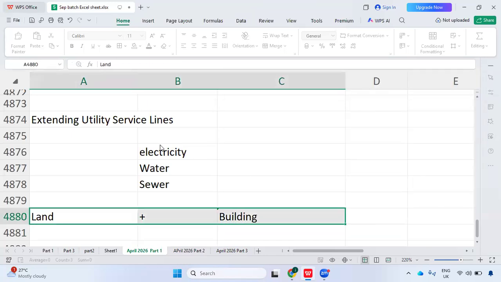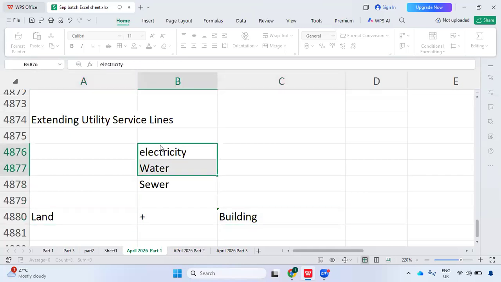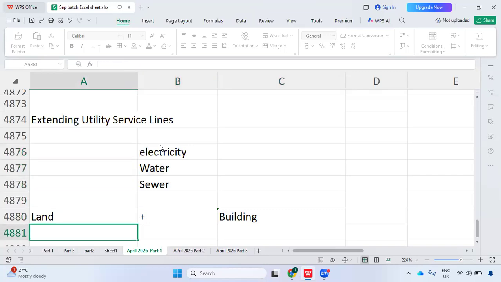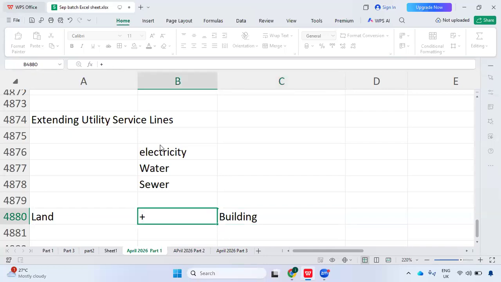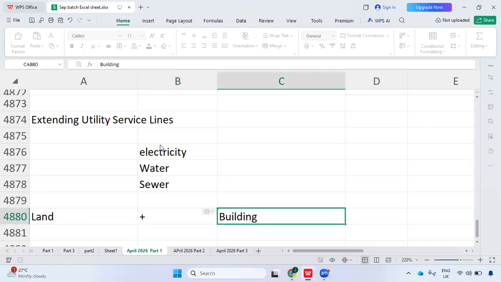To use the building, they require these utility services, right? Electricity, water, and any regular utilities. For that, they need to pay some extra fee to the state government for extending utility service lines. So we cannot use the building without the utilities, right?